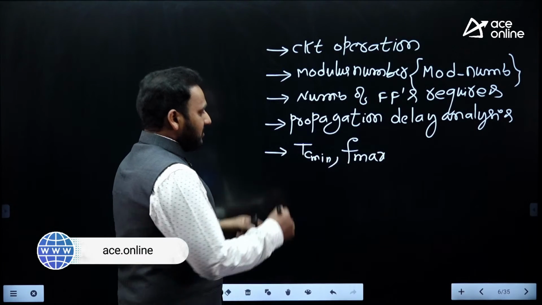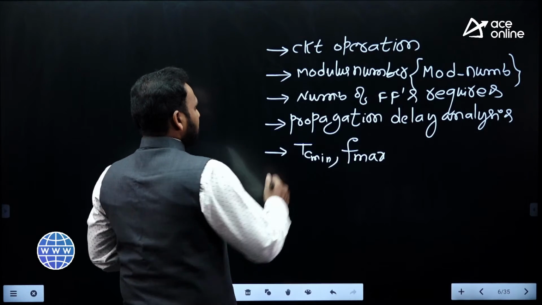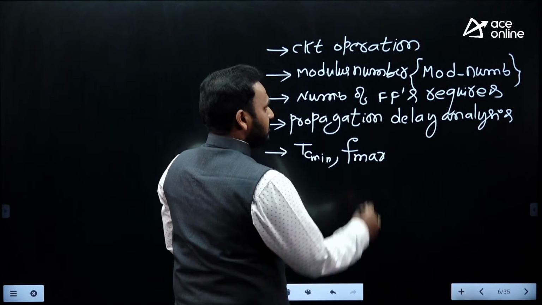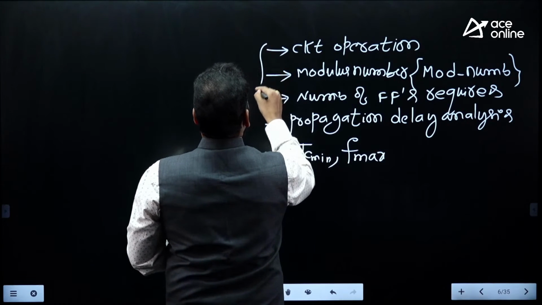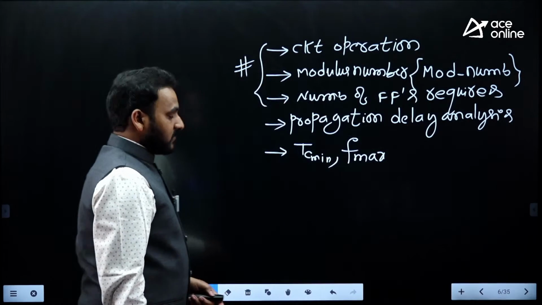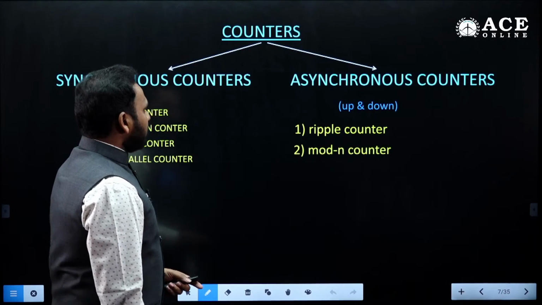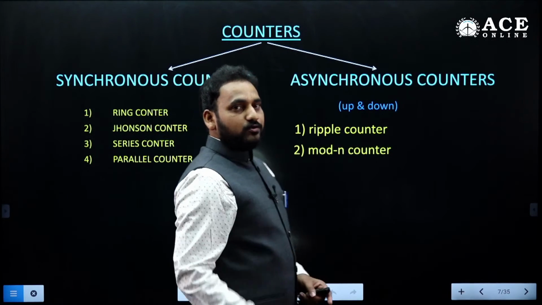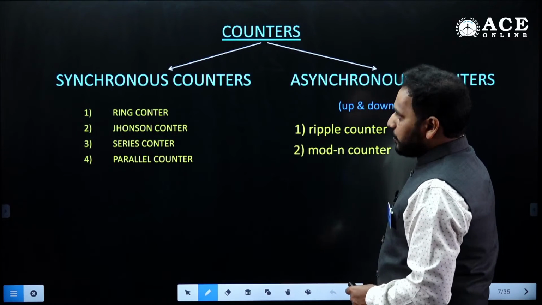But in this particular session, I think I can cover, at least in the asynchronous counters case, up to these 3 points with certain standard circuits. And the counters are classified, as I just told you, into 2 types, asynchronous and synchronous counters.